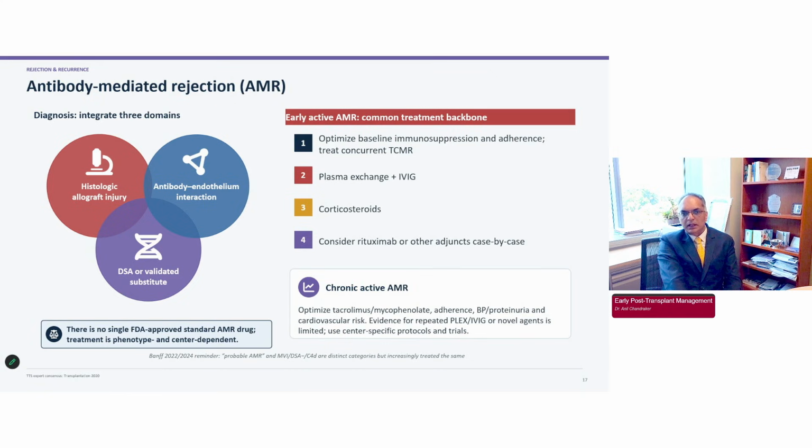There is no single FDA-approved standard antibody-mediated rejection therapy. It is center-dependent. Usually, the treatment is a combination of optimizing immunosuppression, treating any concurrent T-cell mediated rejection, and then plasmapheresis, IVIG, in some combination, steroids when necessary, and then rituximab or other adjunctive case-by-case therapies are considered.